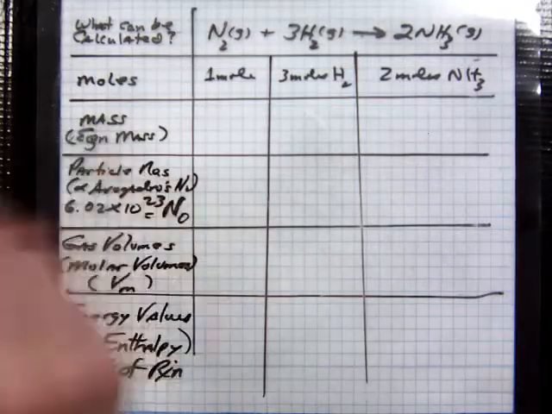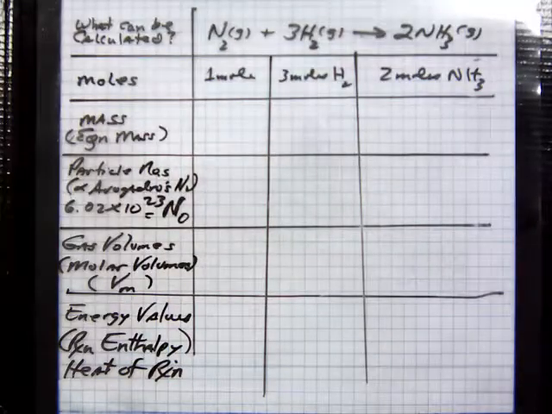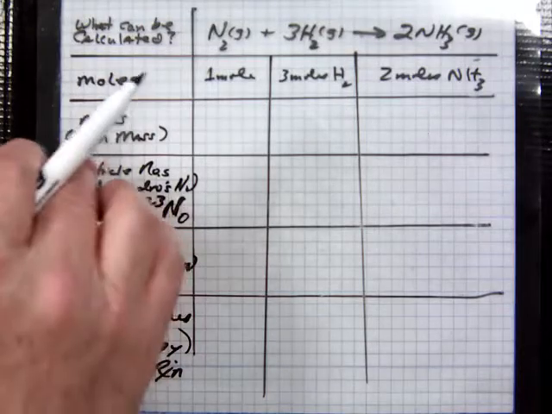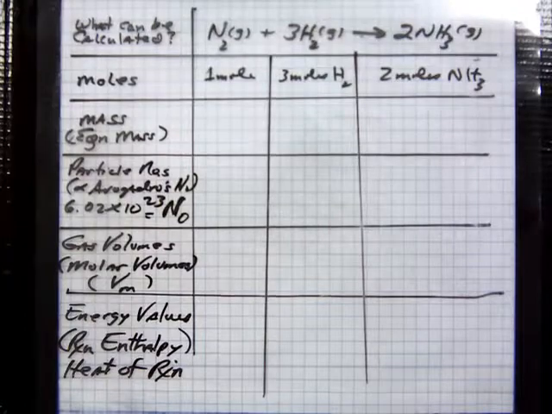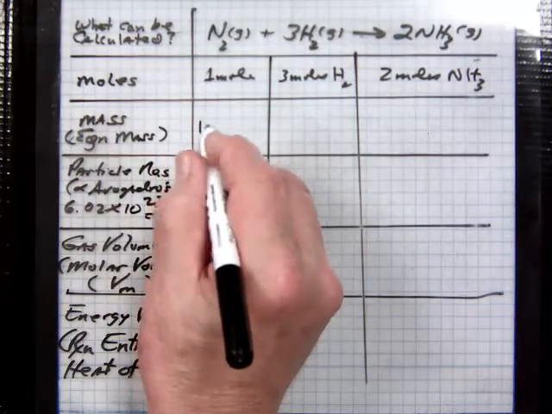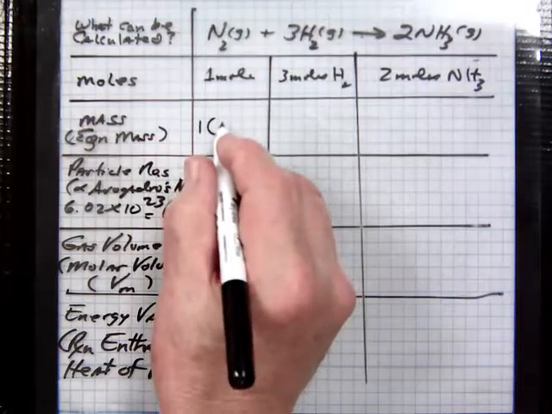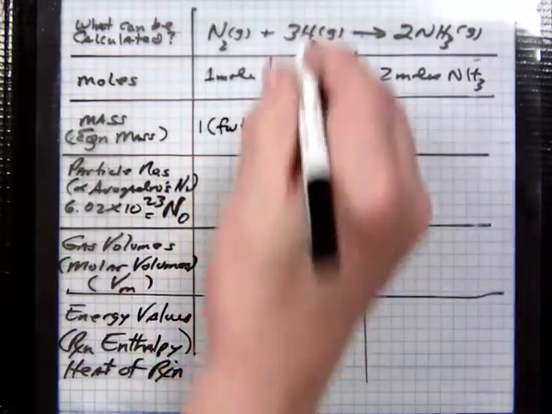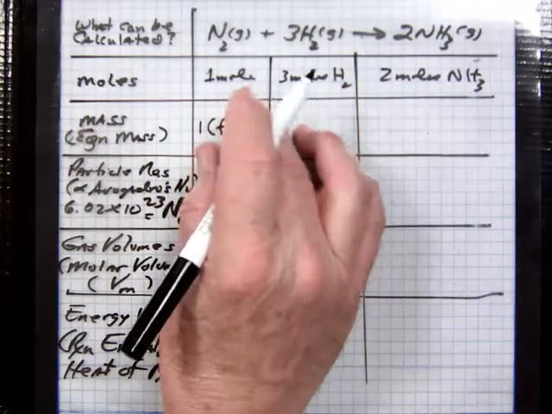Now, mass, what gram weights do each one of these have? Well, this says the number of moles times formula weight. That gives you the equation mass on each one of those reagents. So this would be 1 times the formula weight of nitrogen.